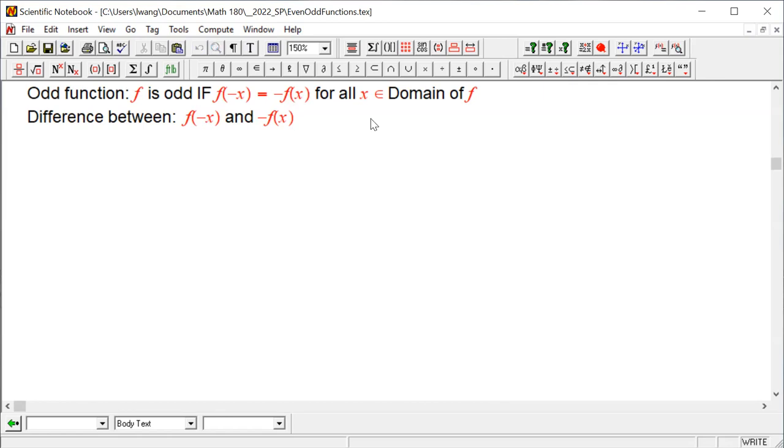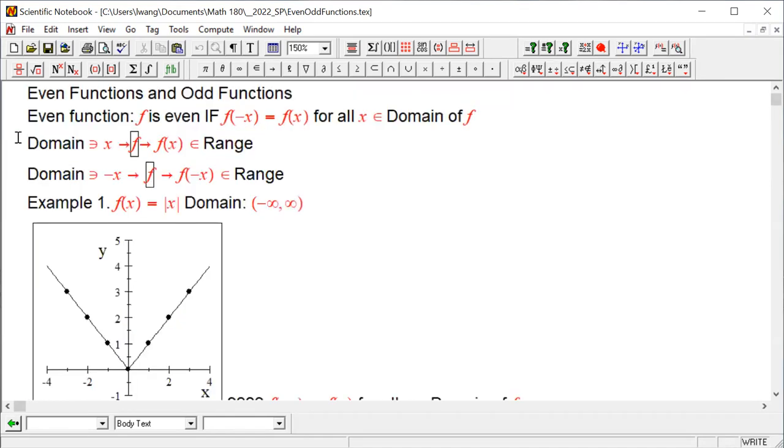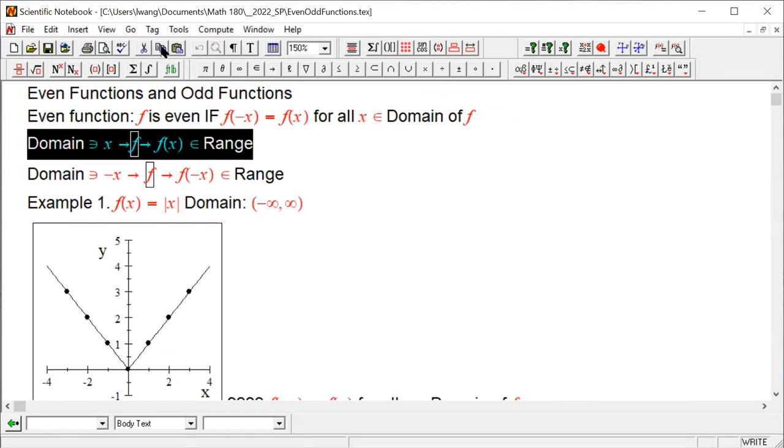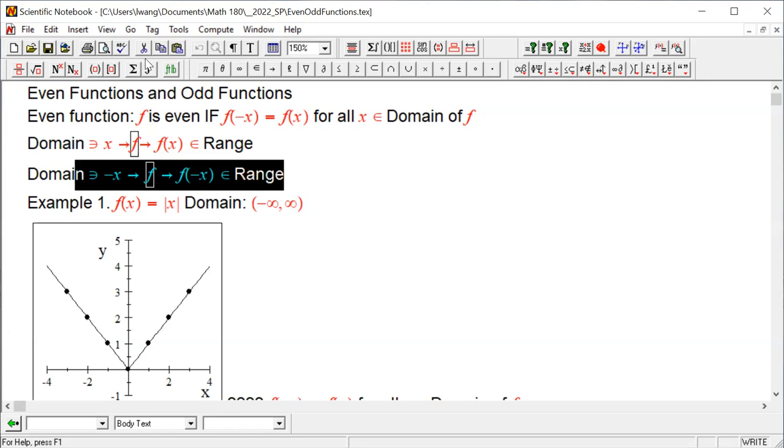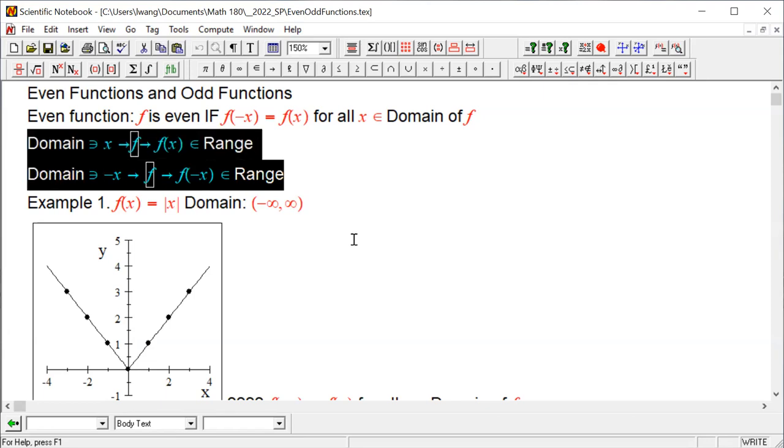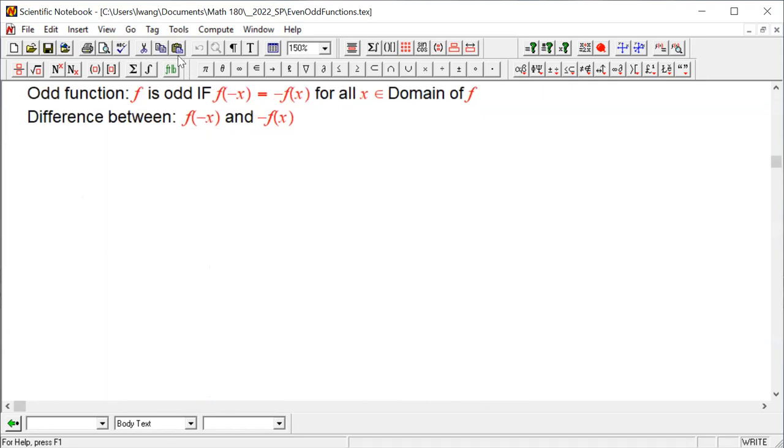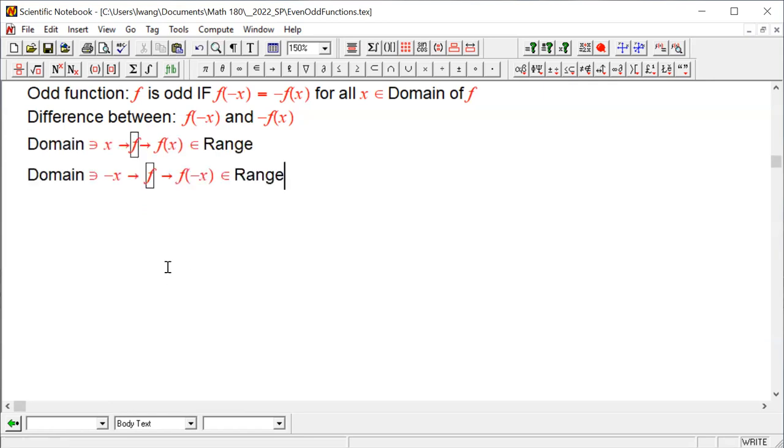From the flow, what does it mean? The flow I talk about here: x, negative x.